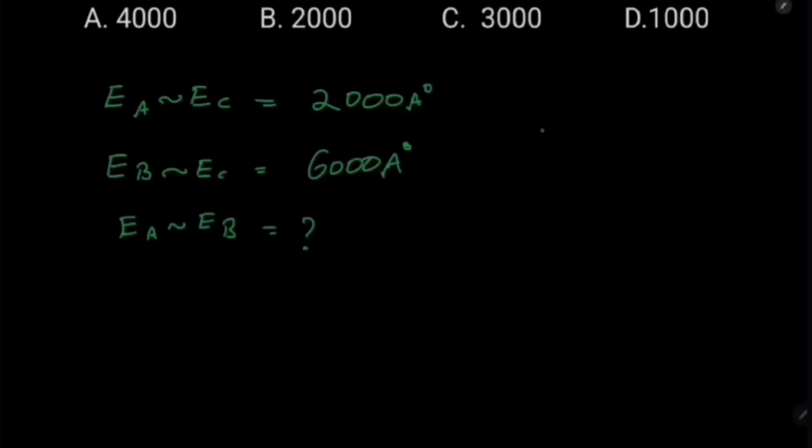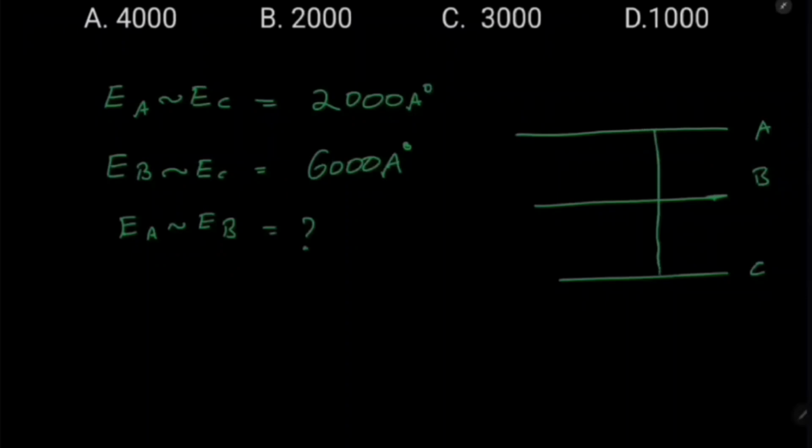From the above question, it is said that there are three states which are A, B, C. When the electron gets transited from A to C, it emits some radiation which had a wavelength of 2000 angstroms.